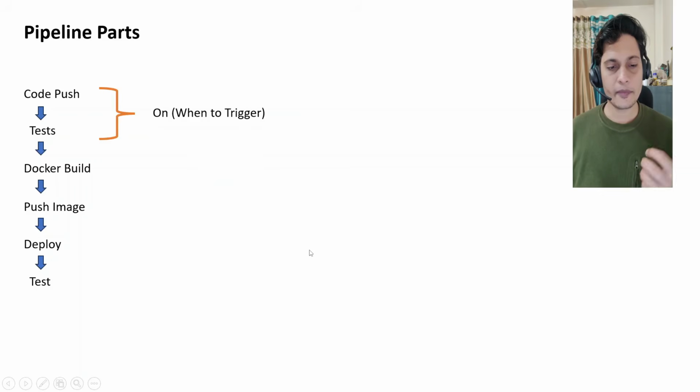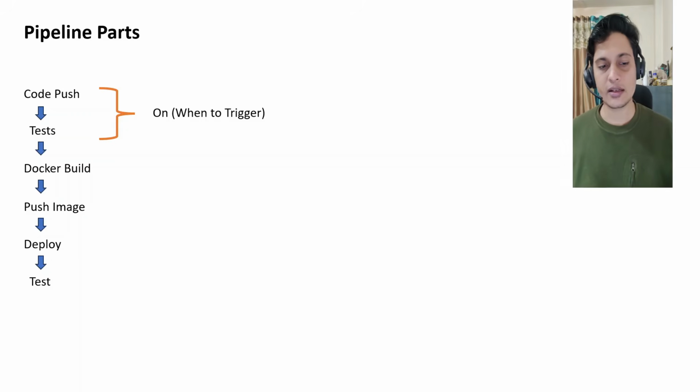Here, the first thing GitHub Actions will watch for me is this on keyword, when to trigger. So these two things, code push and test, will provide information to GitHub Actions that the code is pushed, the code is merged, the test is successful, the test is failed.